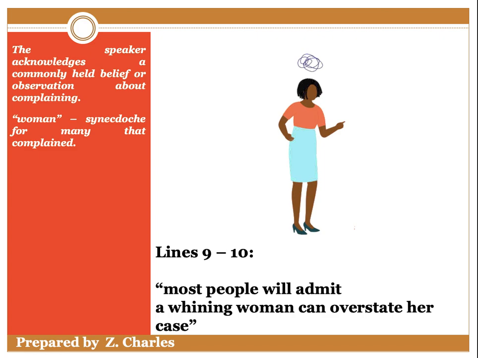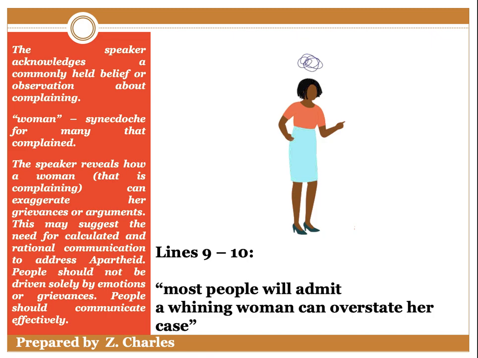So this woman is representing all women that might have made a complaint in South Africa in regard to apartheid and the unfair and unjust system and rules. The speaker reveals how a woman that is complaining can exaggerate her grievances or arguments.